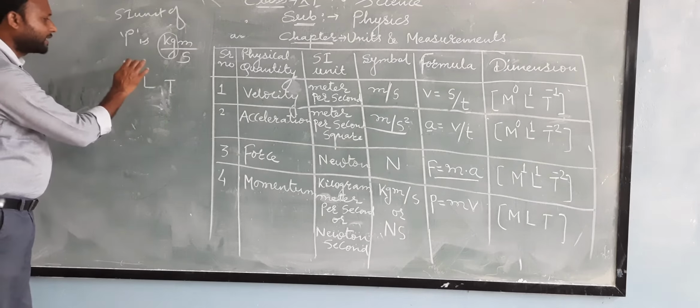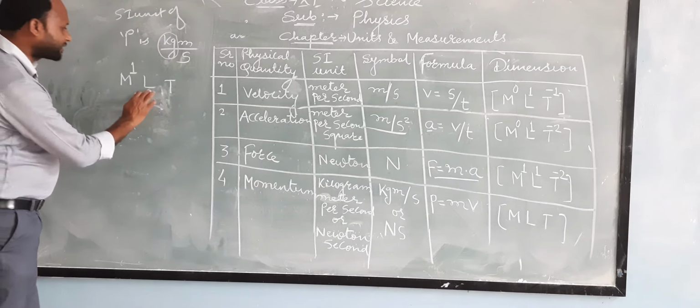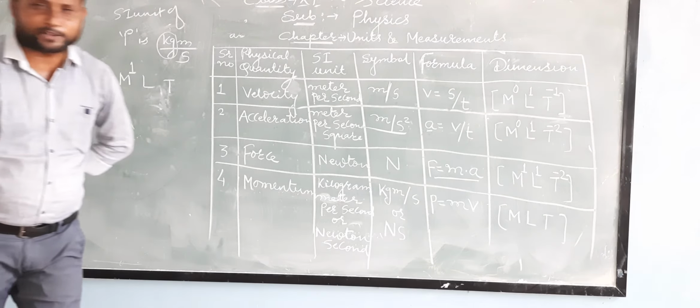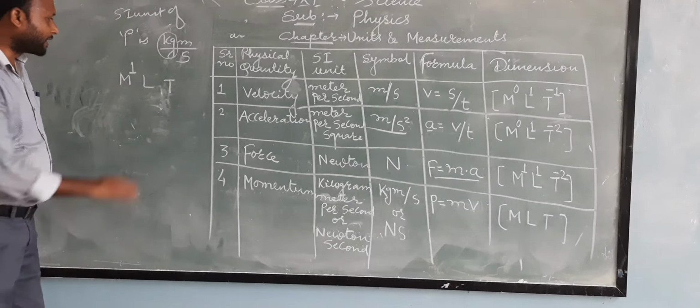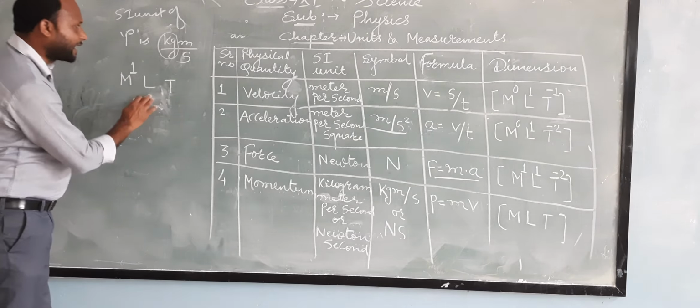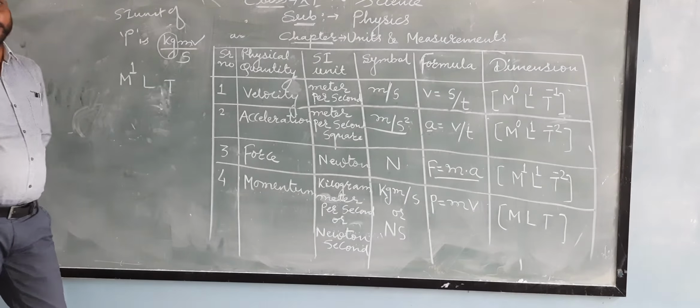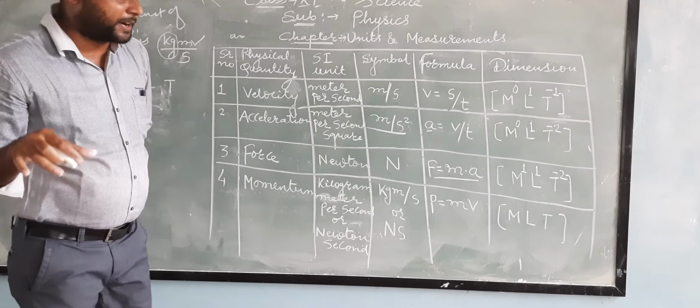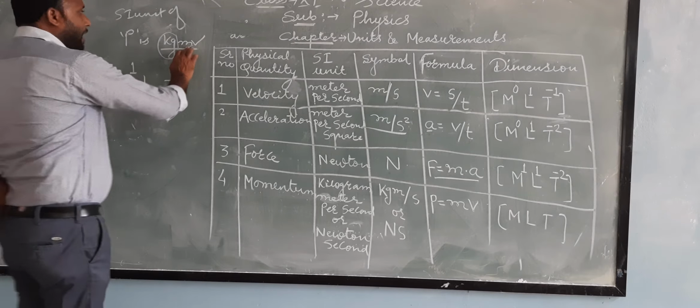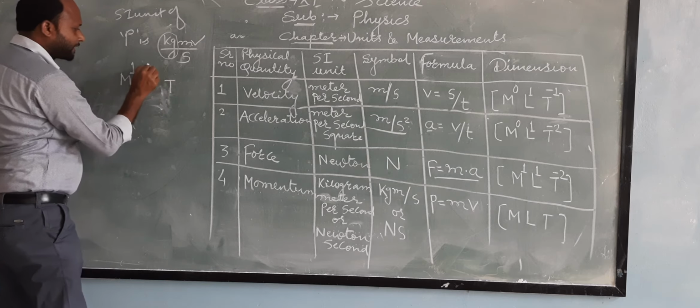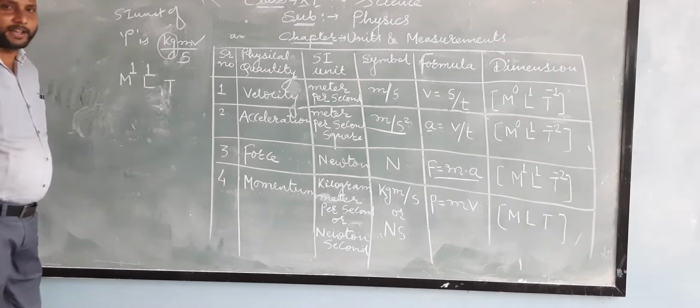So M to the power 1. Now the next term is L. L stands for length, and the SI unit of length is meter. Meter is also present in the SI unit of momentum, and it has no visible power, which means the power is 1.